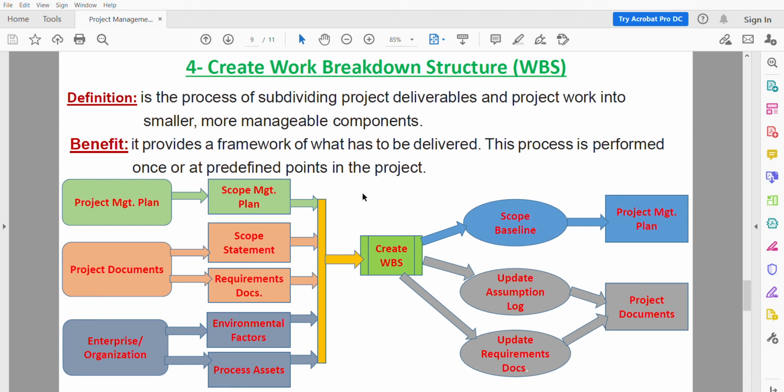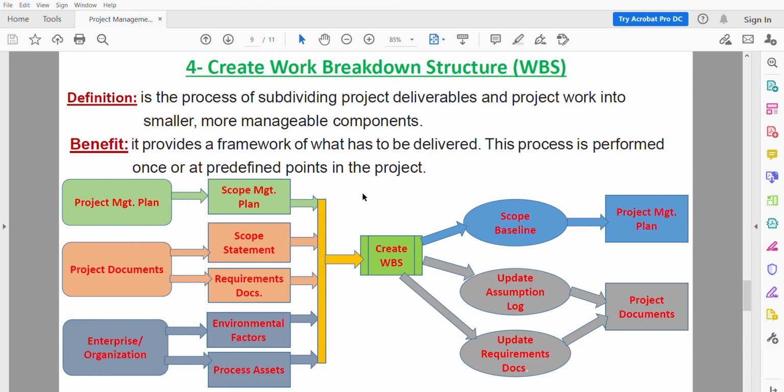So you cannot change the baseline unless there is a formal process and approval for this change. It is a component of the project management plan, and the components of the scope baseline include the project scope statement and the WBS, which means work packages and planning packages.